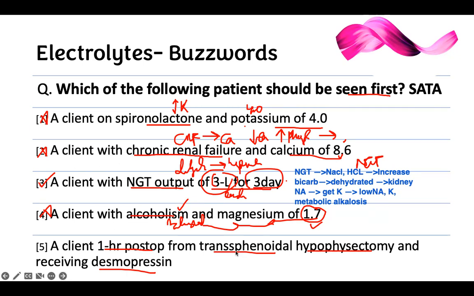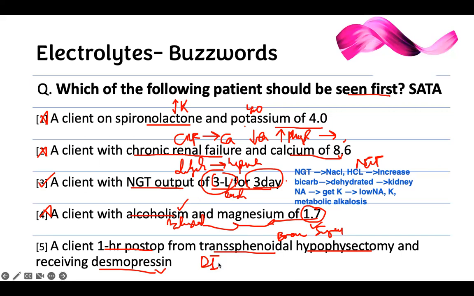Now the patient is getting desmopressin. It doesn't matter. All this patient has is brain surgery, and is getting desmopressin. Why would anybody who has brain surgery get desmopressin? Then you tell yourself, the number one common cause of diabetes insipidus is brain surgery.